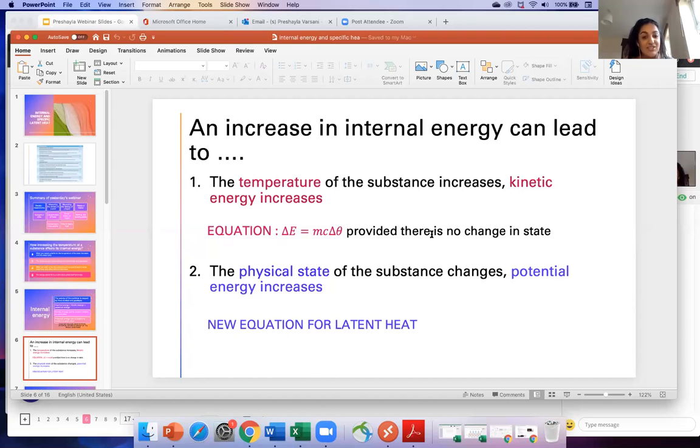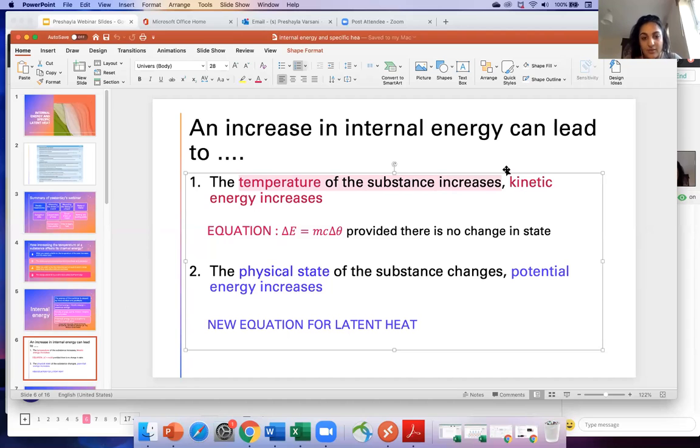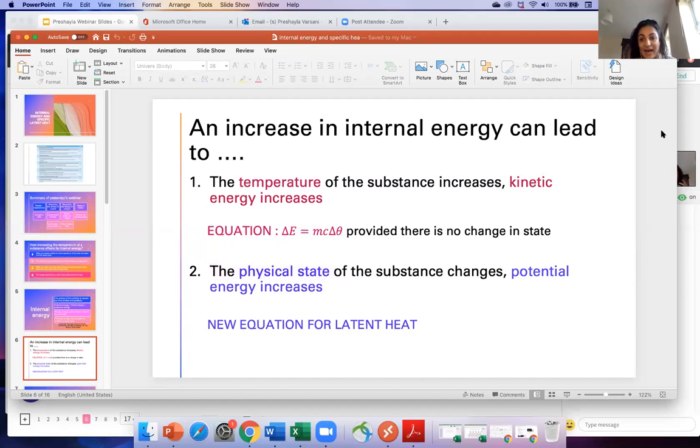It can either lead to the temperature of the substance increasing, or it can lead to the physical state of the substance changing. Because there are two different things that can happen, there are two different processes and therefore two different equations.